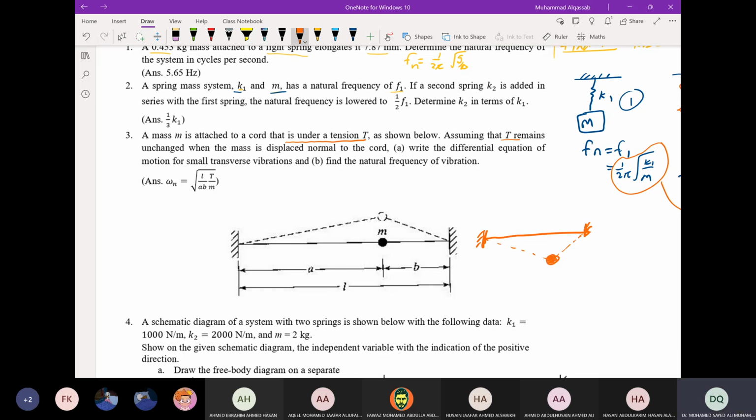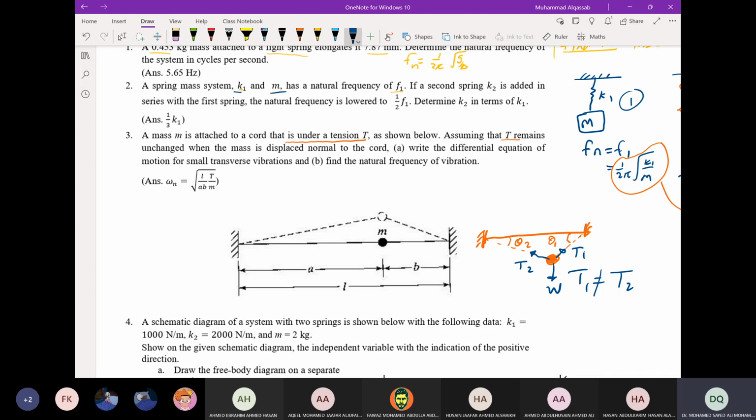Usually what we did in statics is this will take theta1, say, and this will be under theta2, and then you draw the free body diagram. You will have T1, and you will have T2, and you will have here the weight. So T1 is not equal to T2 because theta1 is not equal to theta2. In statics, it is not correct that T1 equals T2.